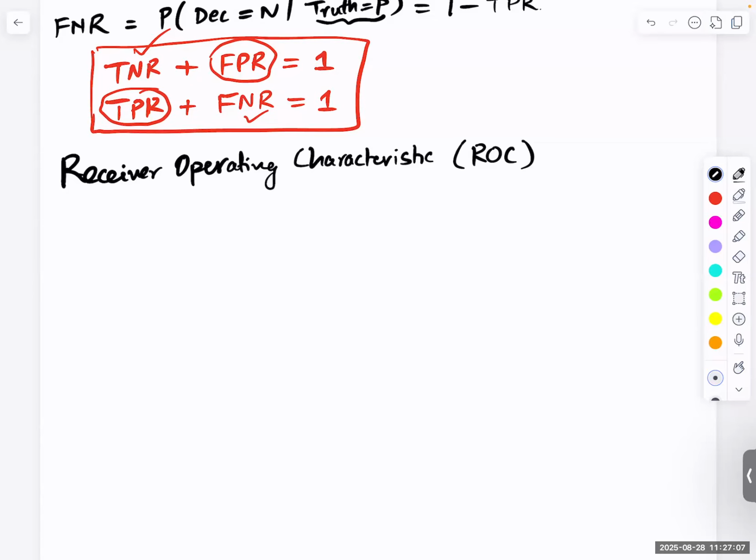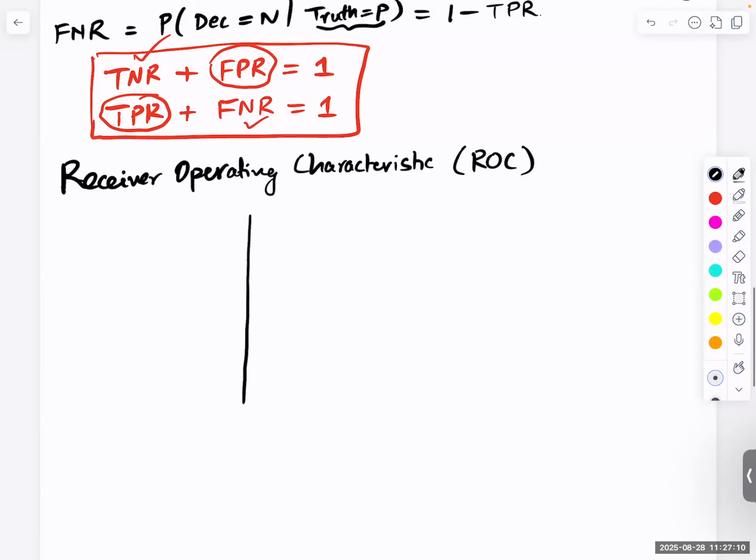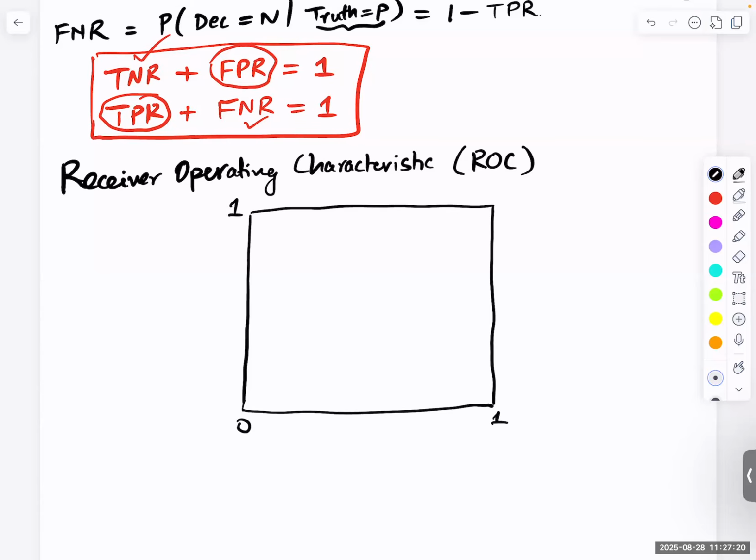An ROC curve is a 1 by 1 square. The x-axis goes from 0 to 1, and the y-axis goes from 0 to 1. On the x-axis, we plot the false positive rate, and on the y-axis, we plot the true positive rate.